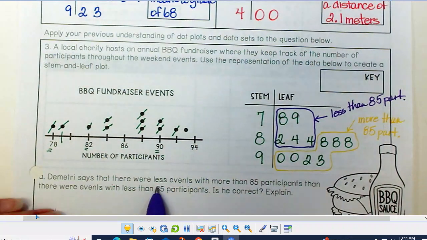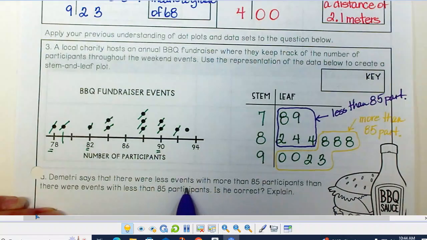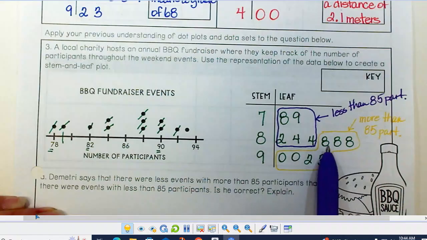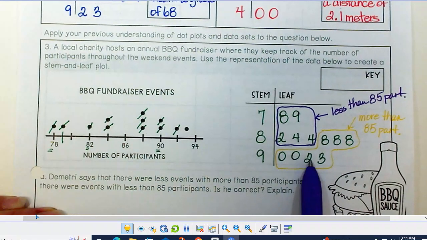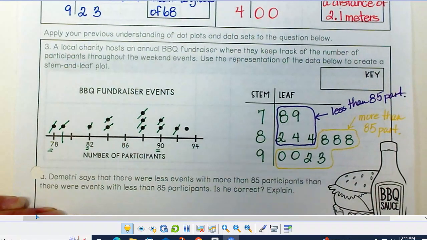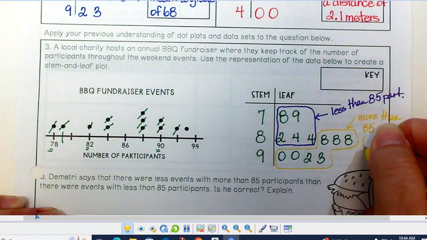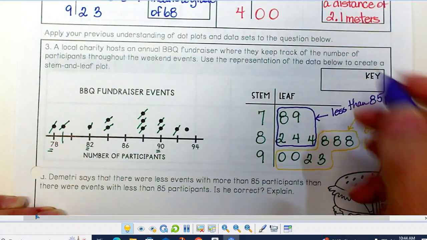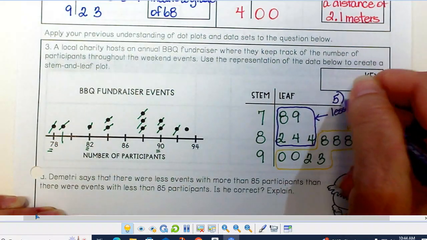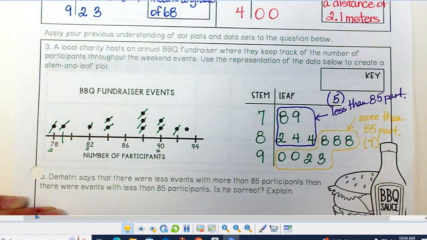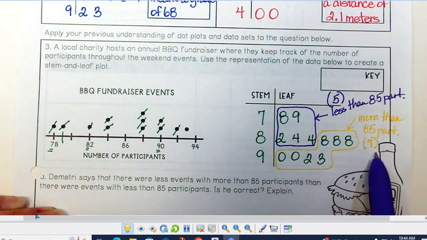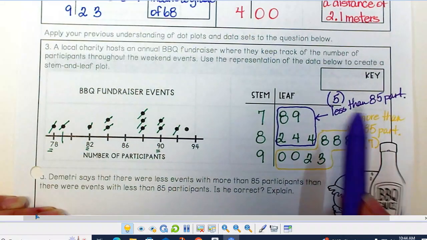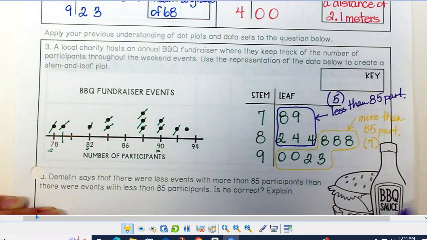Dimitri says there were less events, fewer events with more than 85 participants. Okay. 1, 2, 3, 4, 5, 6, 7 events with more than 85 participants, 7 data points. There were only 5 events with less than. So 7 events had more than 85 participants.